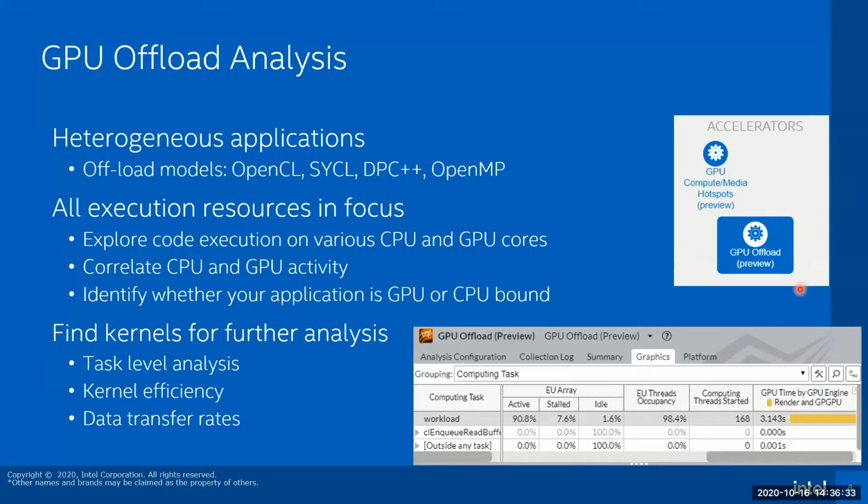This GPU offload analysis supports all heterogeneous applications that are available in Intel toolkits, including OpenCL, SYCL, DPC++, and OpenMP offload. What's specific about this GPU offload analysis is that it looks not only at GPU, but at the CPU as well.